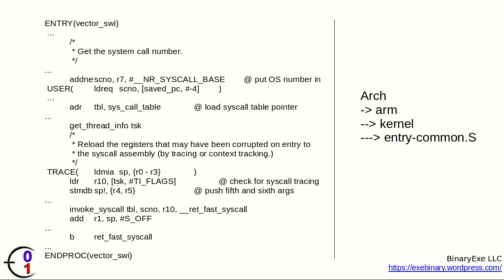How does it do that? If you see this instruction, add with SCNO, which is the system call number, in R7, and then this system call base is getting added, so it will give the address of the function. Then we load the system call table.